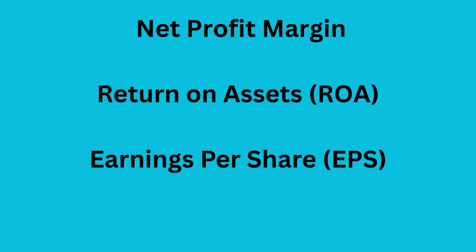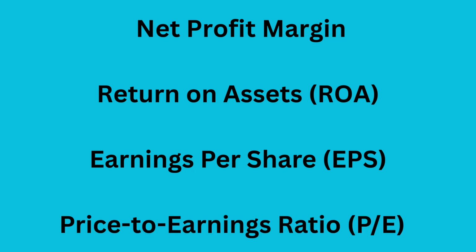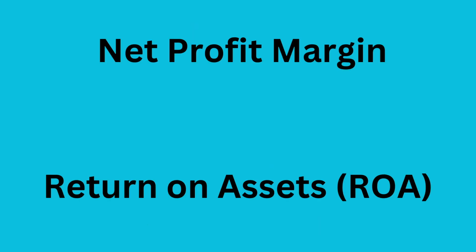While ratios like earnings per share and price to earnings ratios are often more relevant for public companies, understanding your net profit margin and return on assets can help you assess operational efficiency and make strategic improvements. These ratios ultimately tell you whether your business isn't just surviving, but truly thriving.